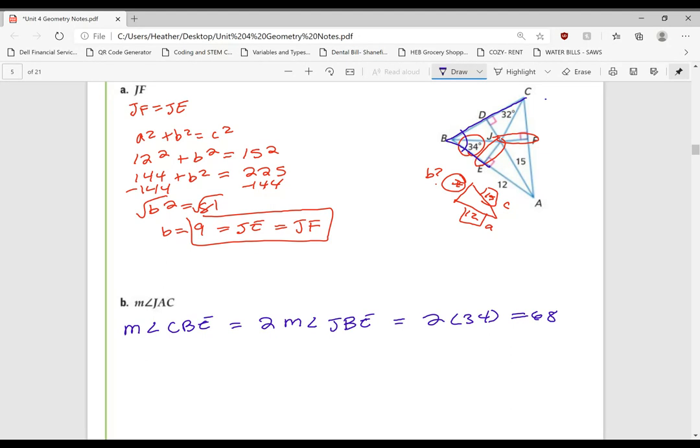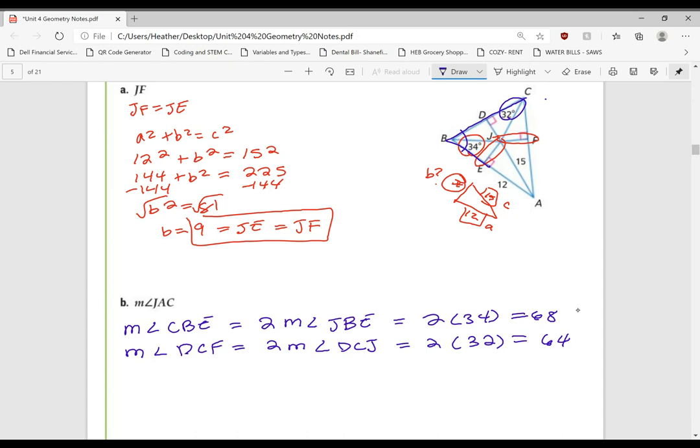On the other side, the measure of angle DCF is equal to 2 times the measure of angle DCJ. So we have 2 times 32, which is equal to 64, and that's this angle right here.